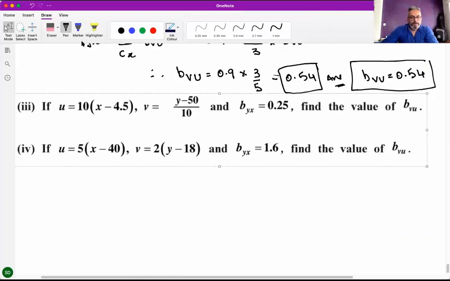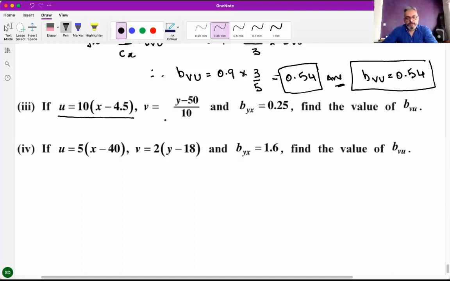Now, over here, if u is equal to 10 in the bracket x minus 4.5, okay, and v is equal to y minus 50 upon 10. So let's write for the third one, u is equal to 10 into x minus 4.5.